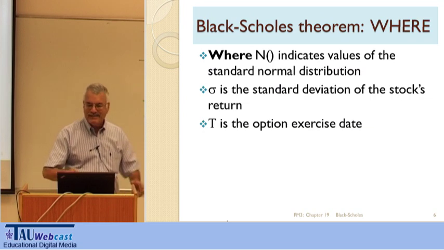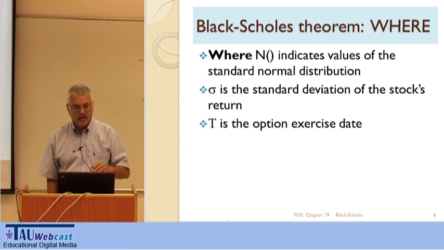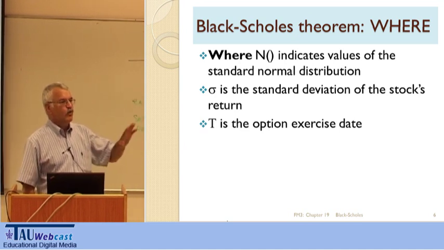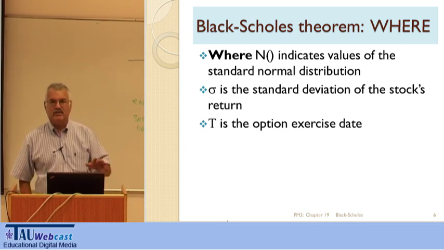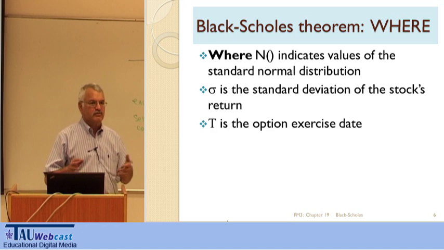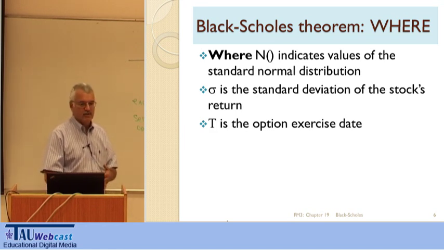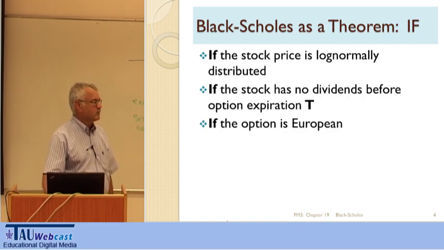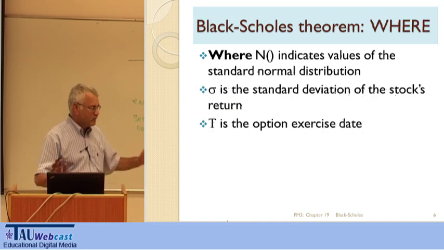And the where says, well, N is the normal distribution, sigma is the standard deviation of the stock price returns, and T is the option exercise date. So it took me 3 slides: the ifs, the then, and the where.